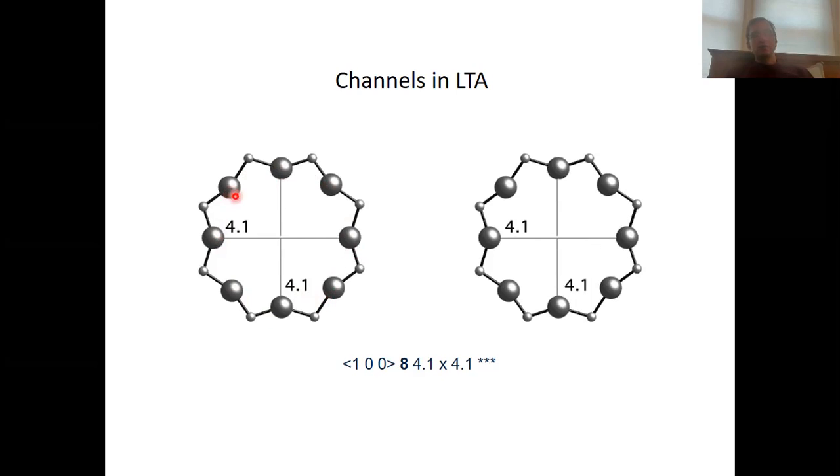So these channels run along the 1, 0, 0 direction, but because we have these larger and smaller signs here, we also know that these channels exist in the 0, 1, 0 and the 0, 0, 1 direction. We further know that these channels build an overall 3-dimensional pore system, indicated by these 3 stars here.